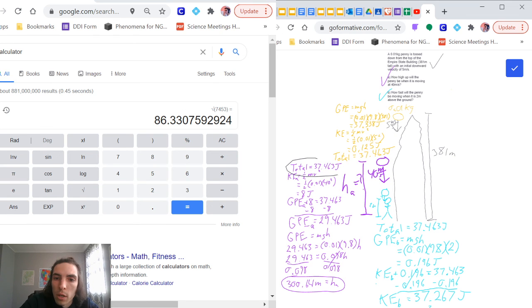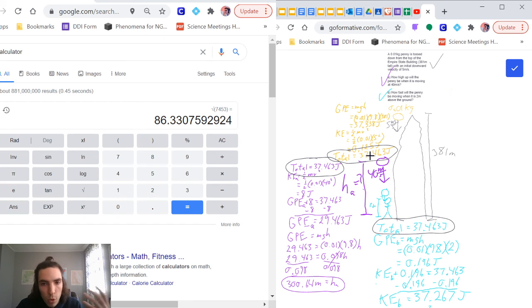So that's where this, and this came into play, was at part A and part B. The total energy had to be the same, 37.463, even though the potential energies and kinetic energies could all be different and transforming between each other. We used conservation to figure out the missing energies at any point, and then figured out a missing height or velocity from there.